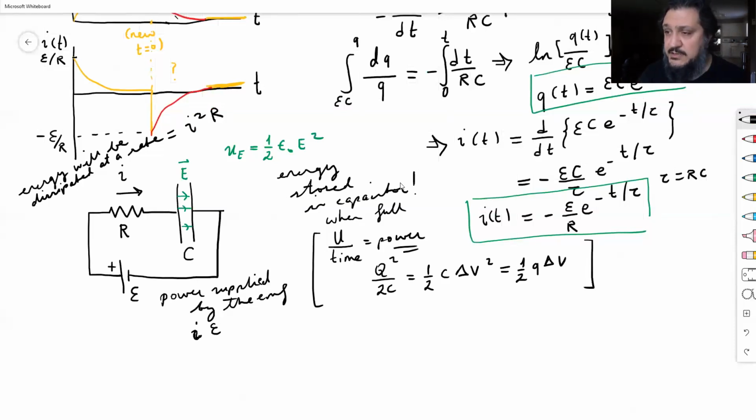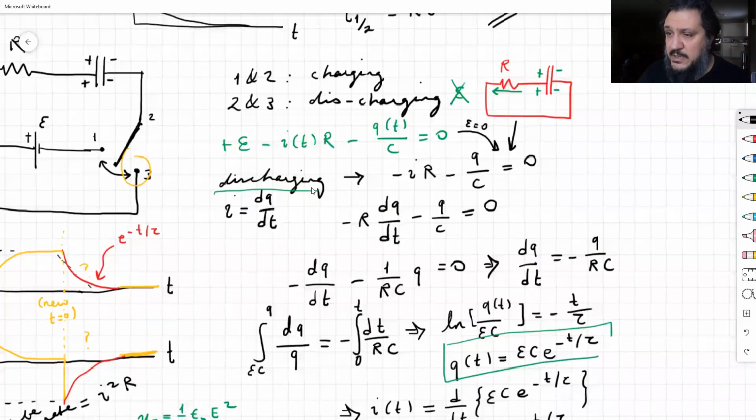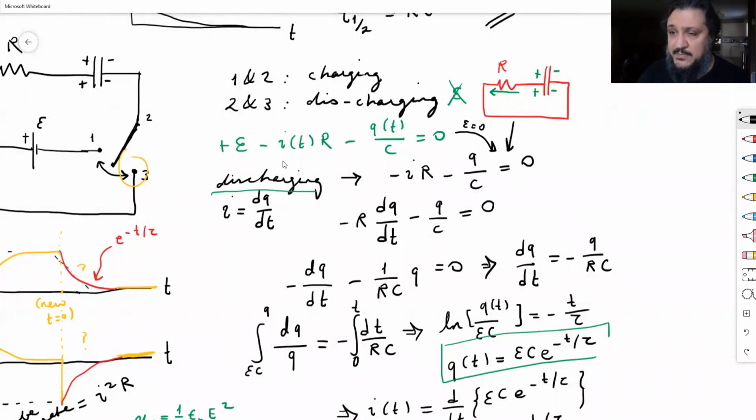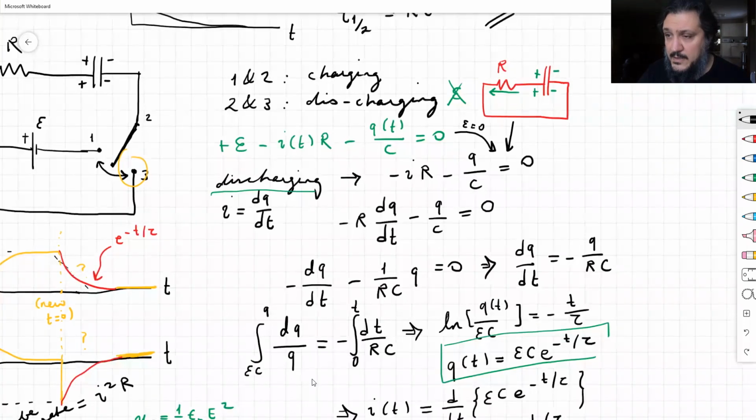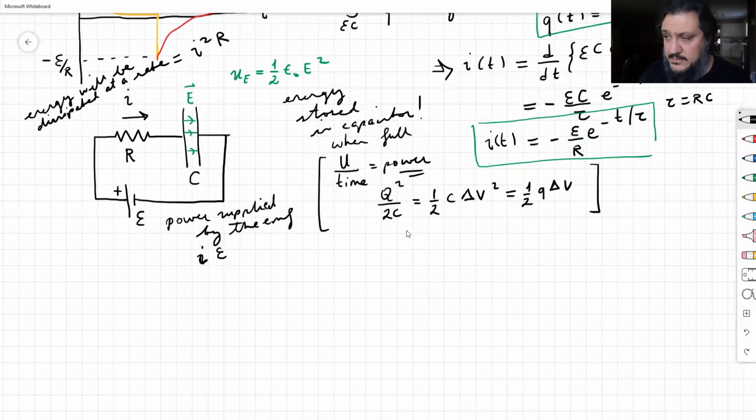Where's our equation? This one here: E minus IR minus Q over C. Now think about writing it again in this form.